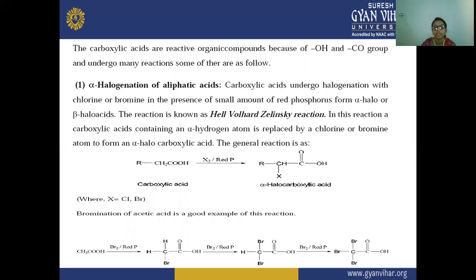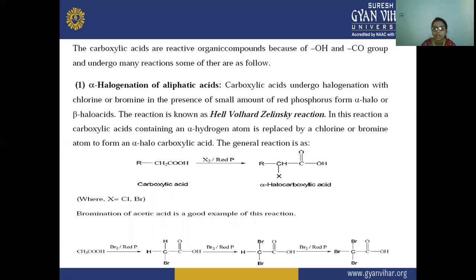Next, carboxylic acids are reactive organic compounds because of the OH and CO groups and undergo many reactions. First is the alpha halogenation of aliphatic acid. Carboxylic acid undergoes halogenation with chlorine or bromine in the presence of a small amount of red phosphorus to form alpha halo and beta halo acids, and the reaction is known as the Hell-Volhard-Zelinsky reaction.